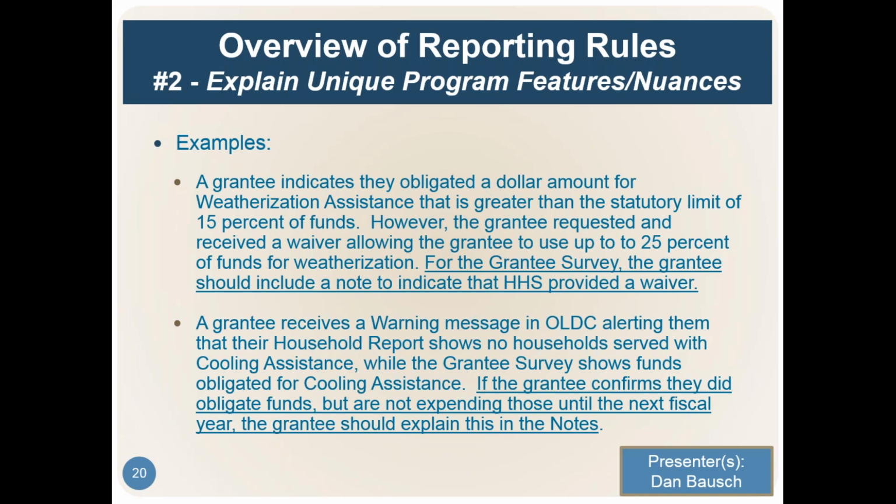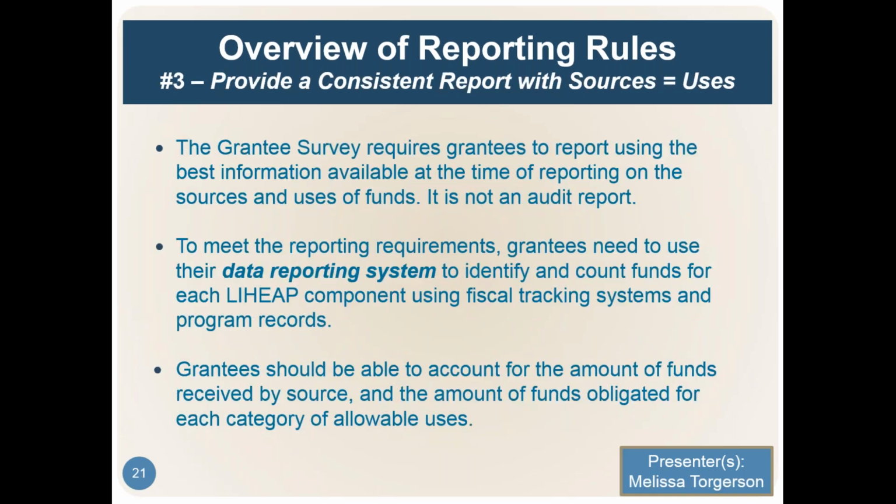That would be a situation where you'd want to include a note to explain that. For instance, the underlined example here is that you obligated funds for cooling assistance, but you're not going to expend those until the next fiscal year. Any situation like that would be important to have a note on.